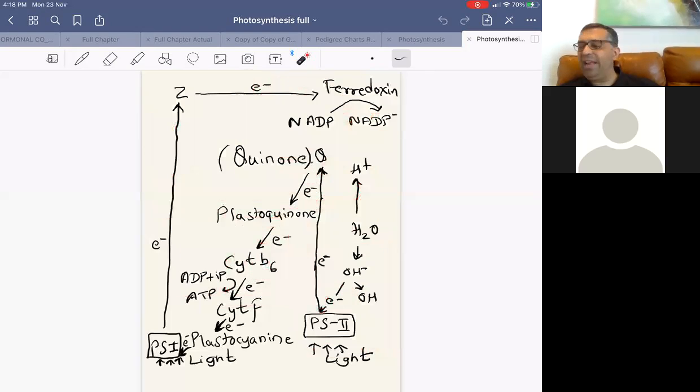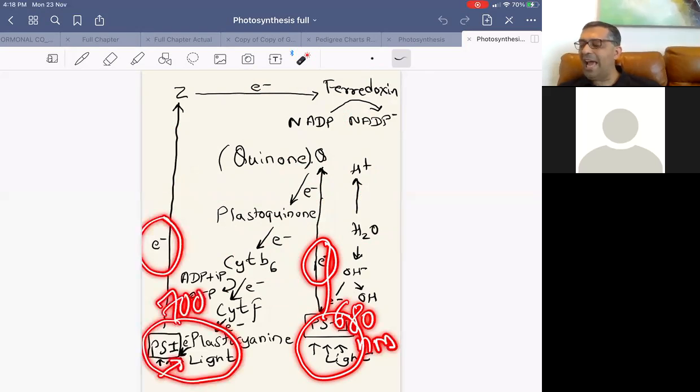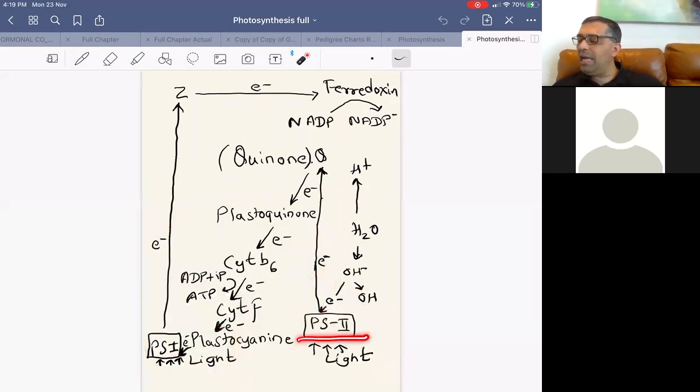So effectively PS2 releases electron at 680 nanometer wavelength. PS1 also on receiving light loses electron at 700 nanometer wavelength. And where will these electrons go? From PS2, the electron will go to Q. Q is called quinone.